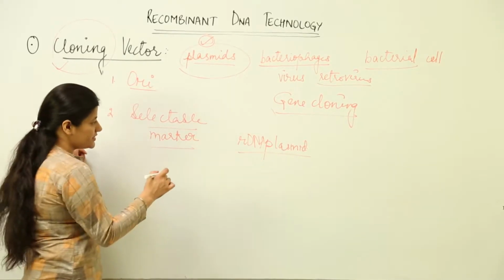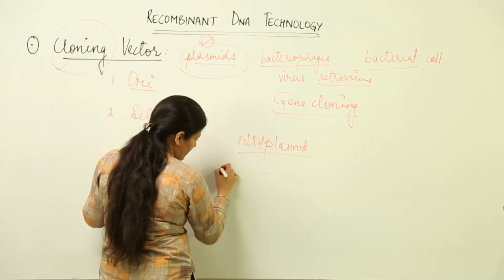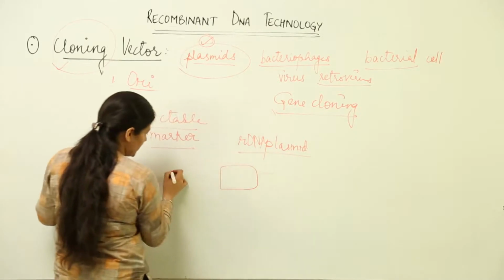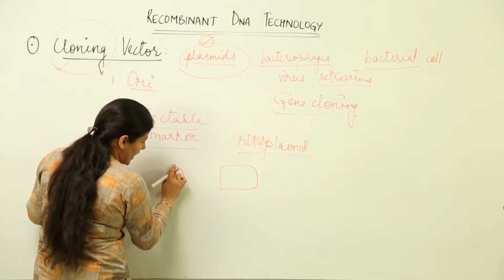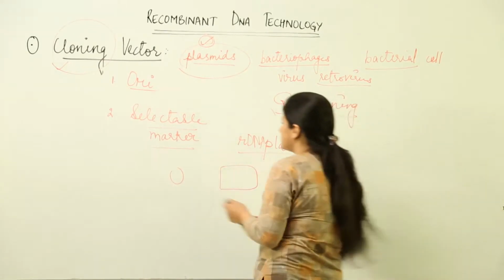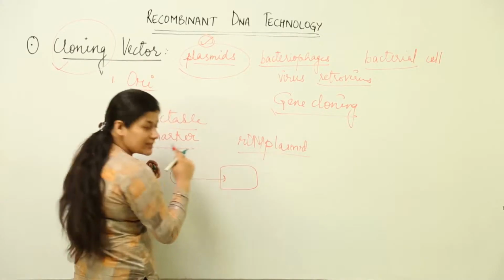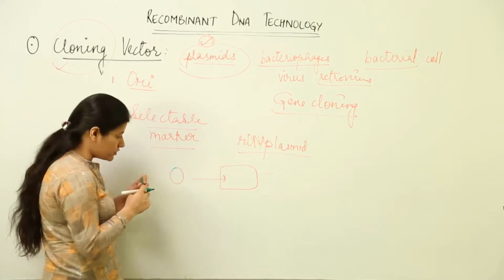I'll explain it. See, we know that in this entire process, ultimately our plasmid, which has an alien DNA inside it, has to go inside the host. This is what the entire process is.